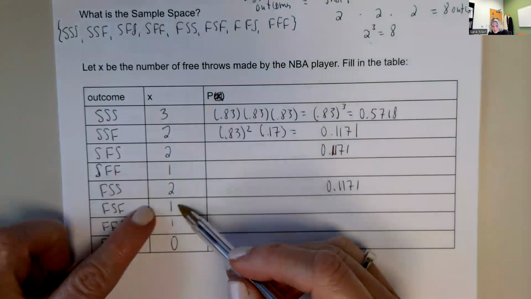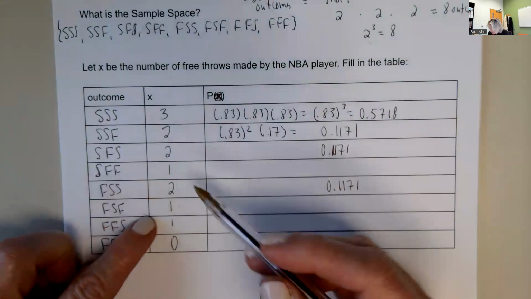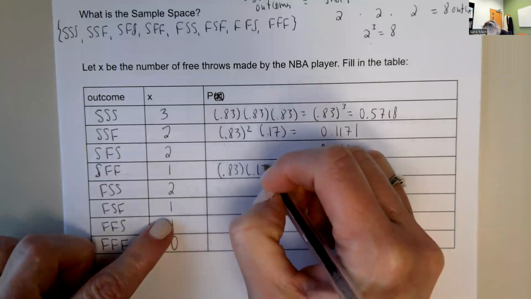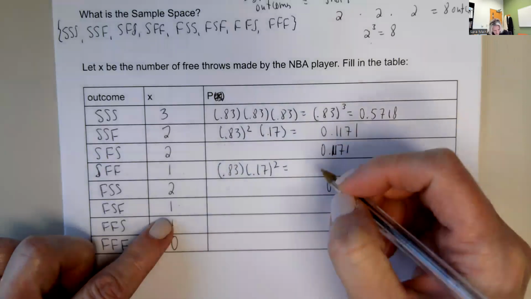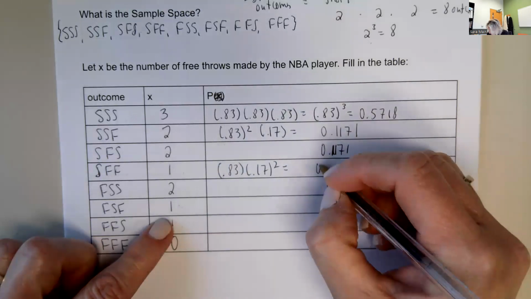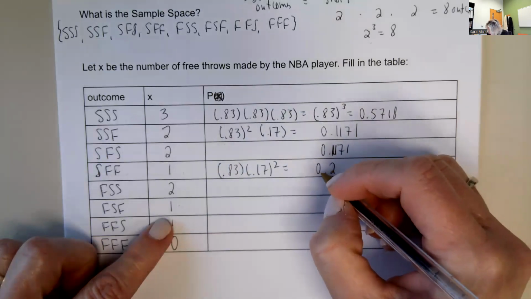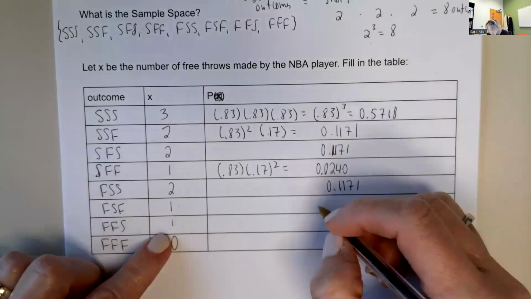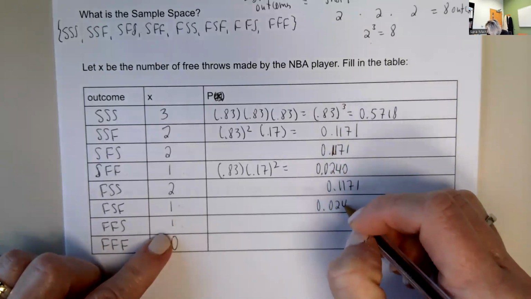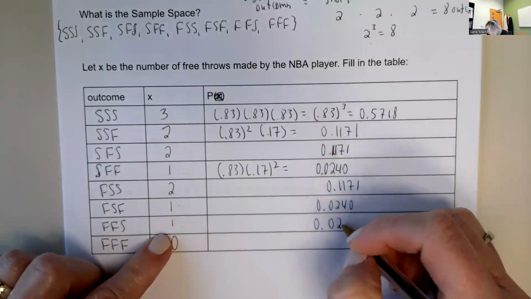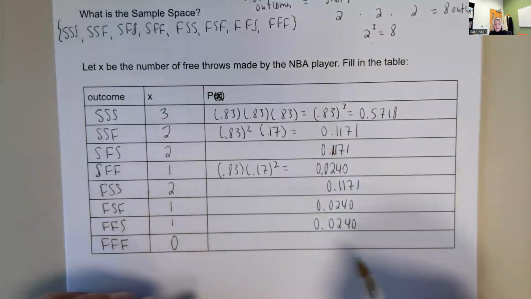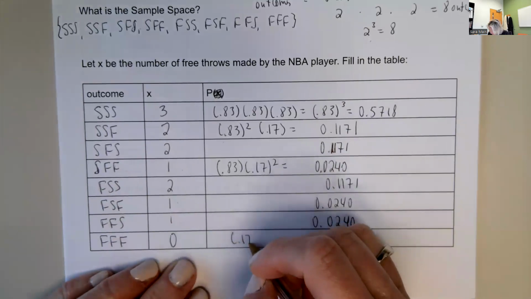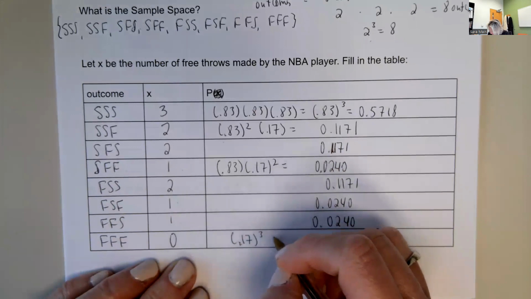Then there's 3 outcomes that are going to be 1 success. So that's going to be 0.83 times 0.17 squared. And that outcome probability is 0.0240. And so these are also 0.0240. And then the last outcome of all failures is going to be 0.17 cubed.